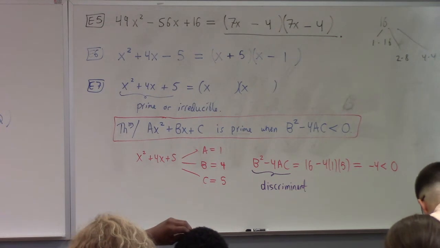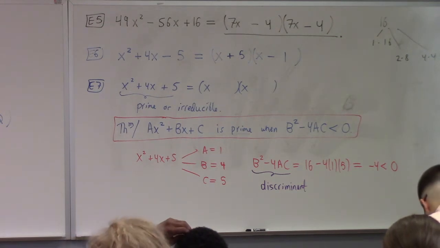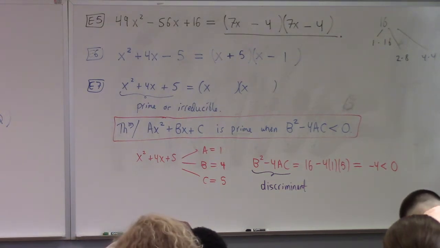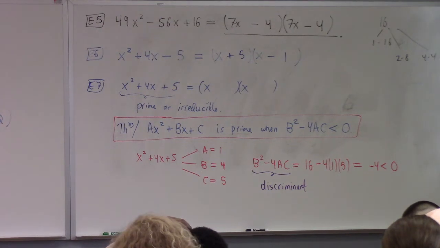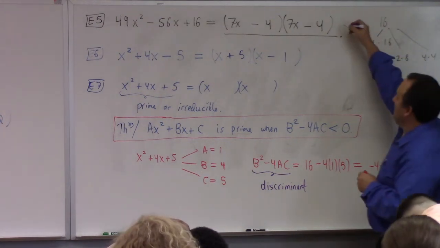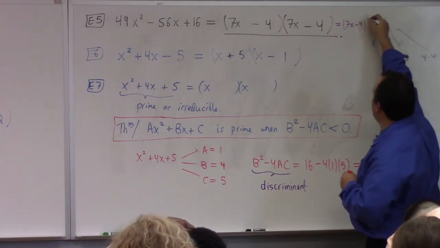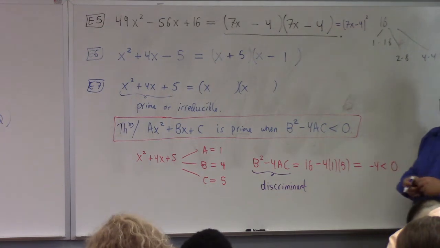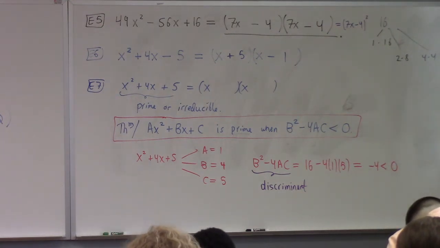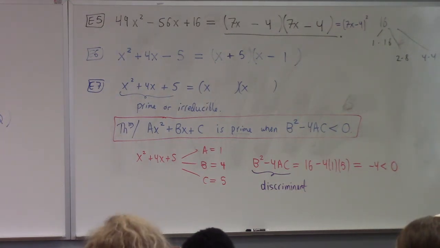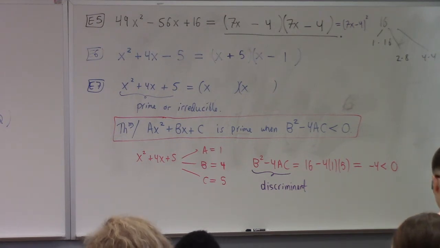If we were to calculate the discriminant for the earlier examples, we would have found out that it was either positive or 0. It's 0 in the case of something like this one here. See, this one we could have written as what? 7x minus 4 quantity squared, right? So that's actually the repeated root case, repeated factor case. Multiplicity 2. So that would have had discriminant 0 in example 5.